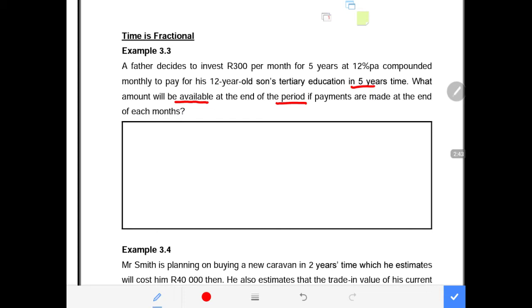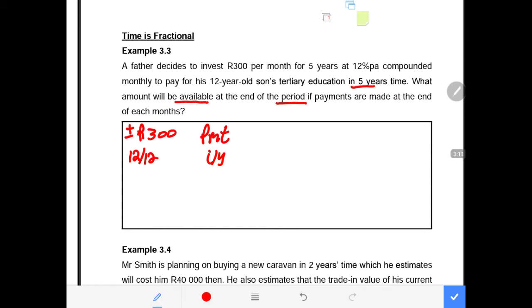This father will be making a payment. So this 300 indicates an outflow of cash, PMT, meaning 300 is the payment. Then these payments will earn interest, I divided by y, of 12% per annum compounded monthly.